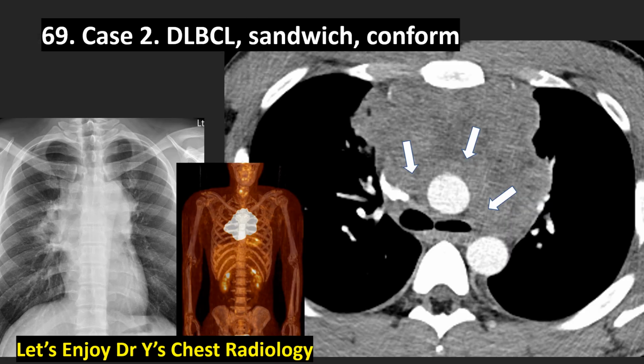The white arrows on the axial CT show us that the large, bulky anterior mediastinal mass is conforming to surrounding tissues such as ascending and descending aorta and superior vena cava. That is the sandwich sign. This is another diffuse large B-cell lymphoma.